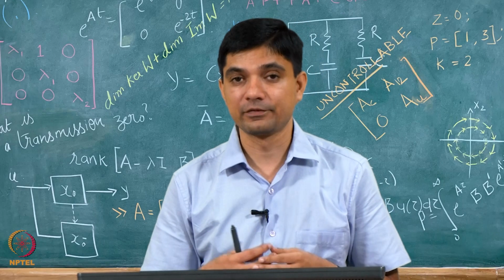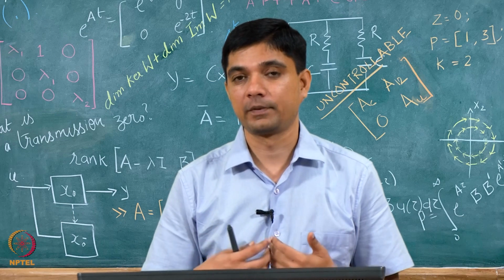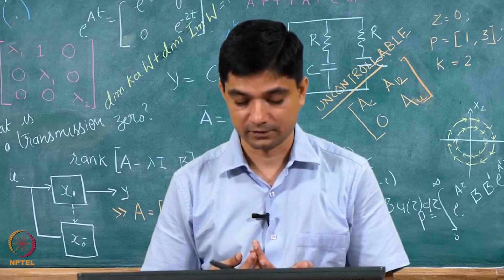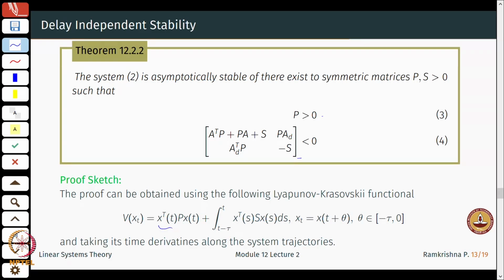The stability certificates are again obtained by making use of a Lyapunov-like function. This was the standard Lyapunov function for the system without delay. Now we have another term which takes care of how to handle the delay terms. So let us see if we can really quickly do a proof of how we arrive at this delay LMI.